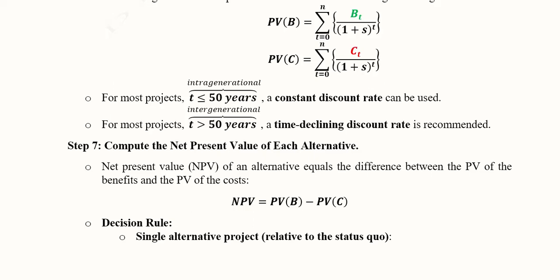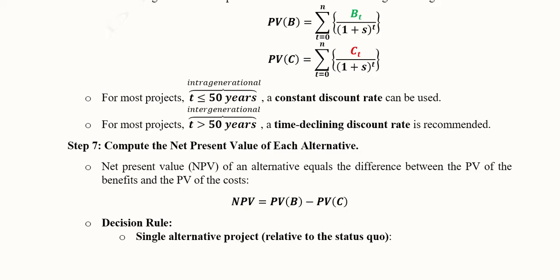But if the project is spanning beyond 50 years, then it is an intergenerational project because it goes beyond one generation lifetime, that is 50 years. So we can use a time declining discount rate here.